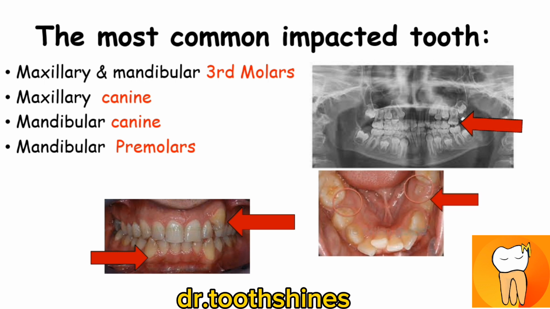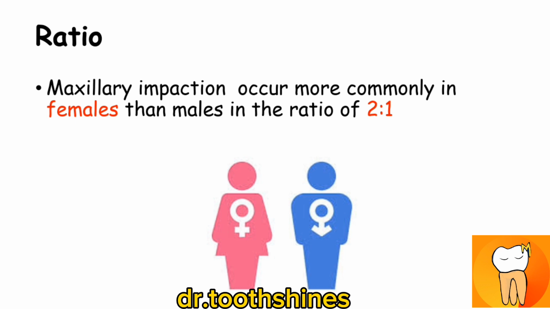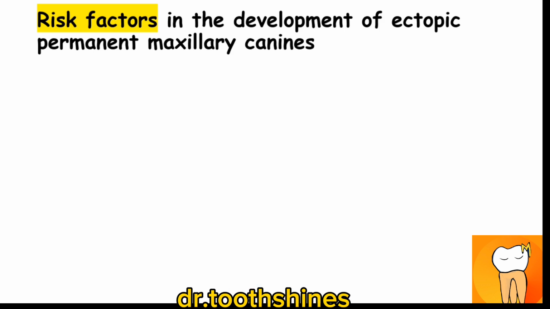Next we will talk about the ratio. This is about maxillary impaction. Maxillary impaction occurs more commonly in females than males in the ratio of 2:1. The risk factors in the development of ectopic permanent maxillary canines are as follows.